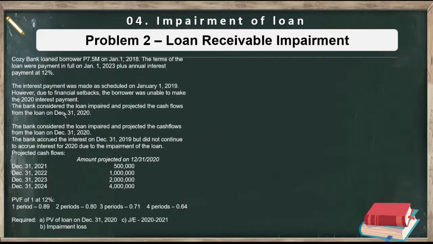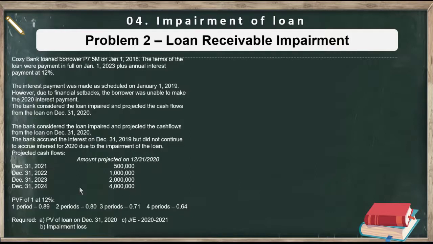The bank considered the loan impaired and projected the cash flows from the loan on December 31, 2020. The bank accrued the interest on December 31, 2019, but did not continue to accrue interest for 2020 due to the impairment of the loan.